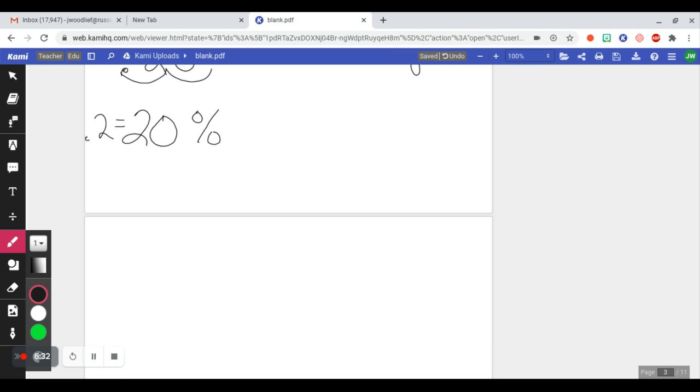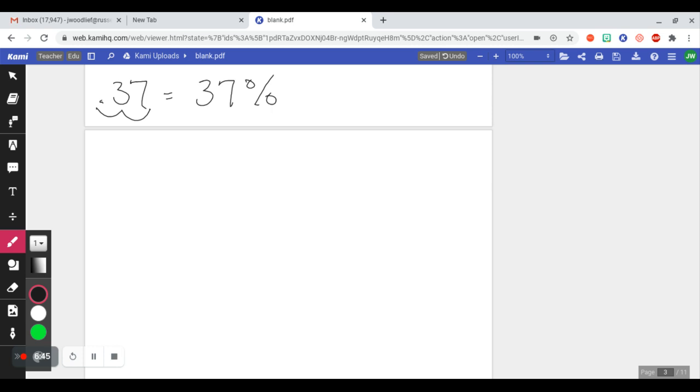What if we have 0.37? Well, if I move it over 2 places, that becomes 37%. It always only moves 2 places. So what if we have 0.125? Again, I only move 2 places, so my new percent becomes 12.5%.